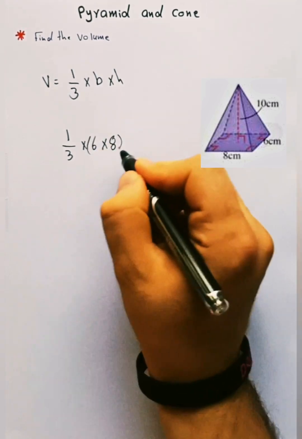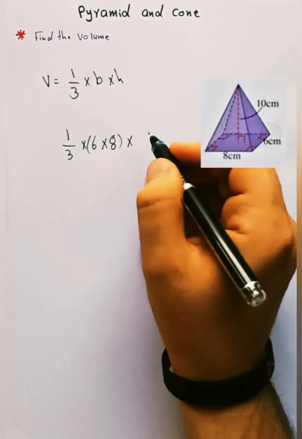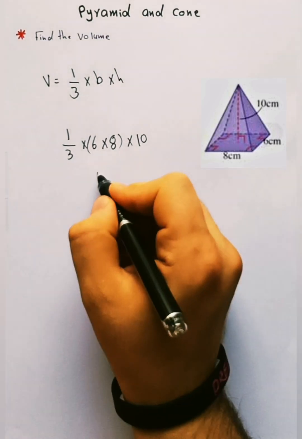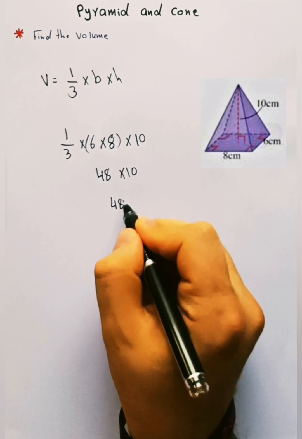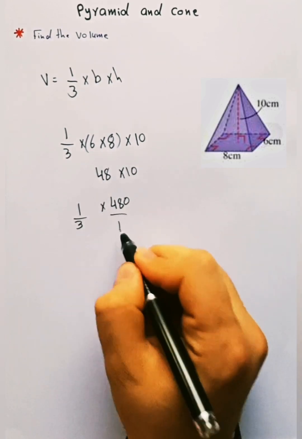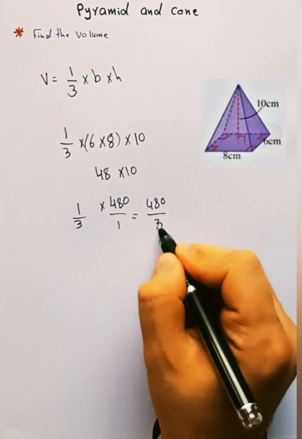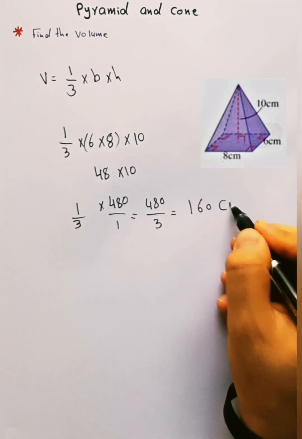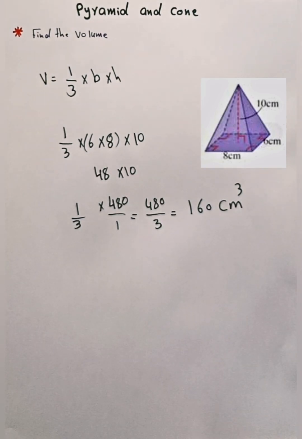You have to write 6 times 8 instead of the area of the base, and then multiply by the height, 10. So 6 times 8 equals 48 multiplied by 10 equals 480, and then 1 times 480 divided by 3 equals 160 centimeter cube or cubic centimeter.